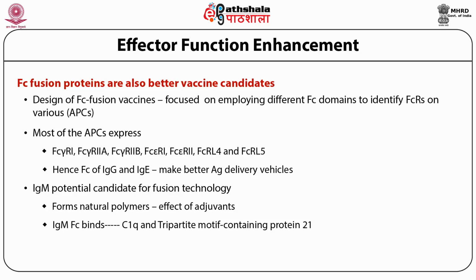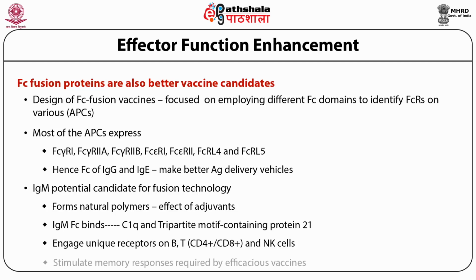IgM, in addition to all these factors, engages unique receptors, other than the Fc receptors, on B and T cells and NK cells. And it stimulates a memory response required by the efficacious vaccine.